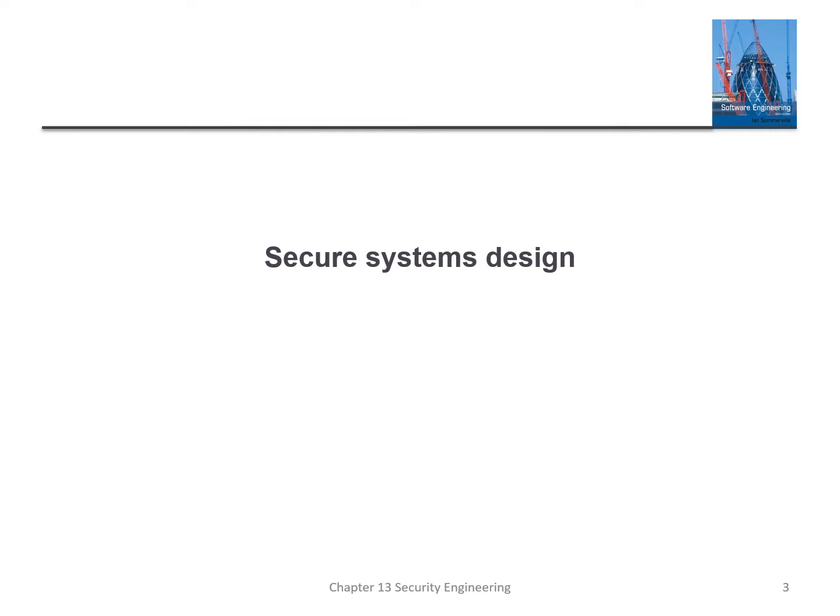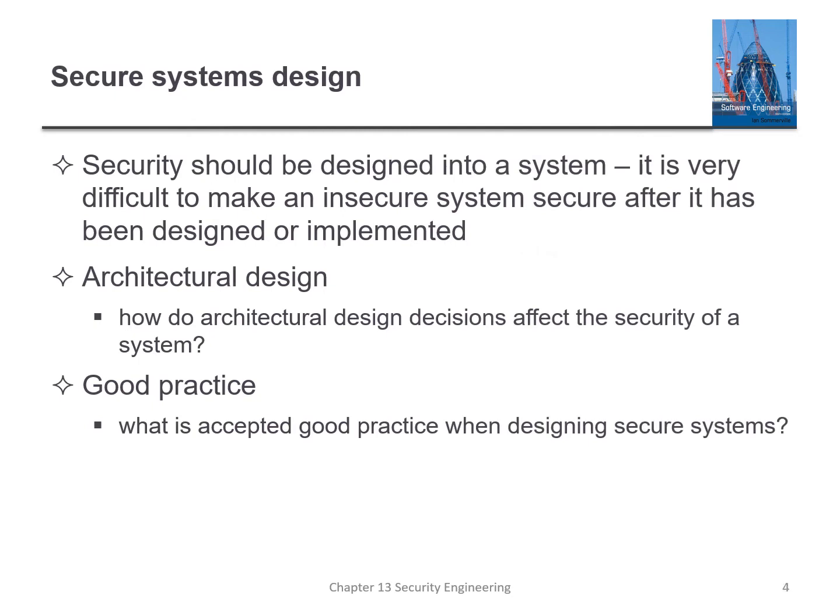So we have looked at how to identify the requirement. So let's look at how to design it. Okay, once you have identified the requirement, how do you design a secure system? Right? So security is actually non-functional requirement.